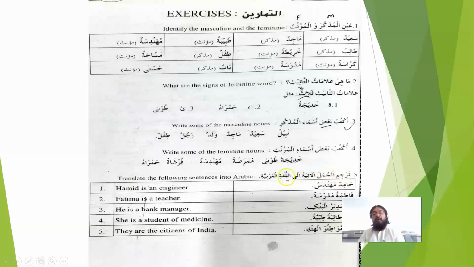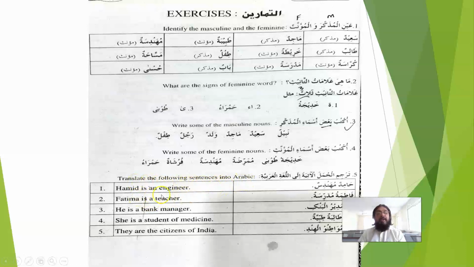Ila, to. Al-Lughah, language. Al-Arabi, Arabic. So, the English sentences will be written on the question paper. You have to copy the English on the answer sheet. Then in front of that line, you have to translate in Arabic. So, translate the following sentences into Arabic.